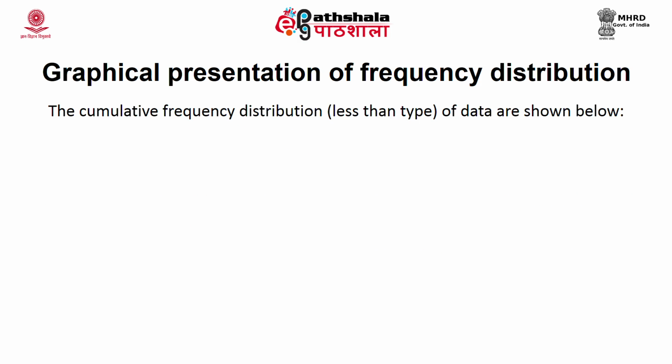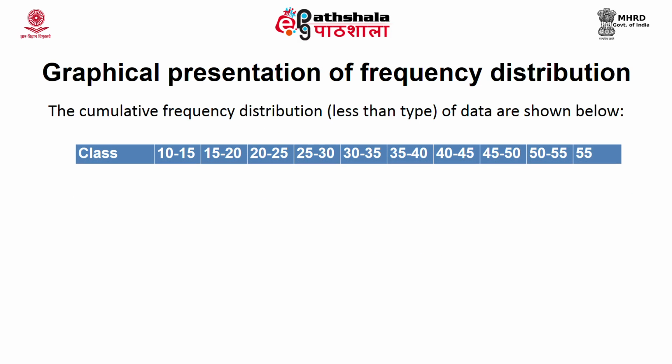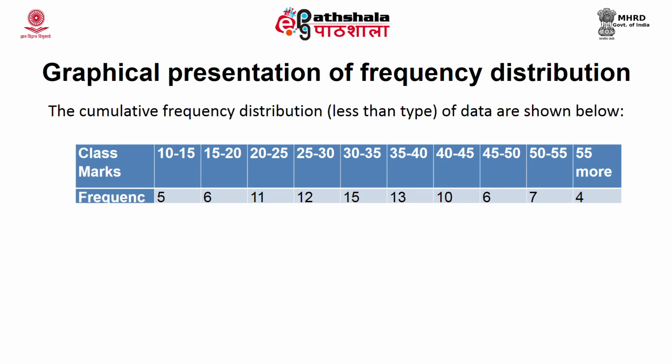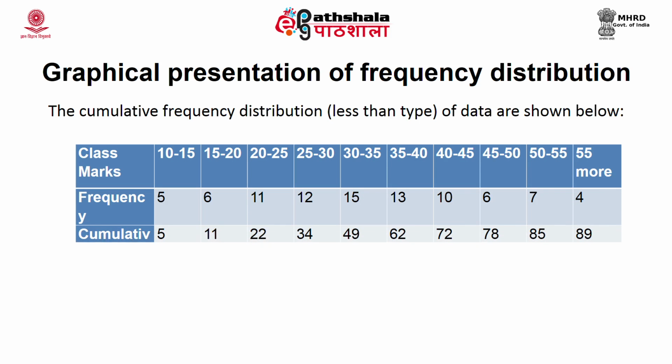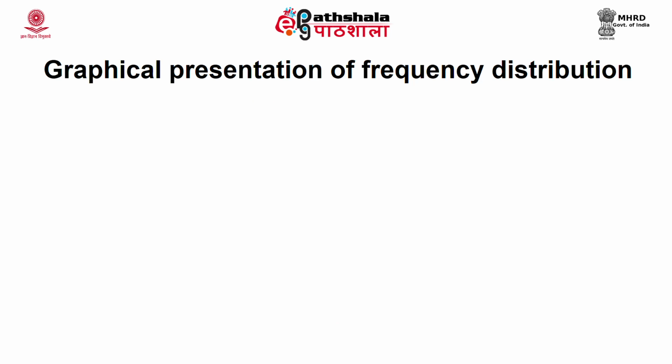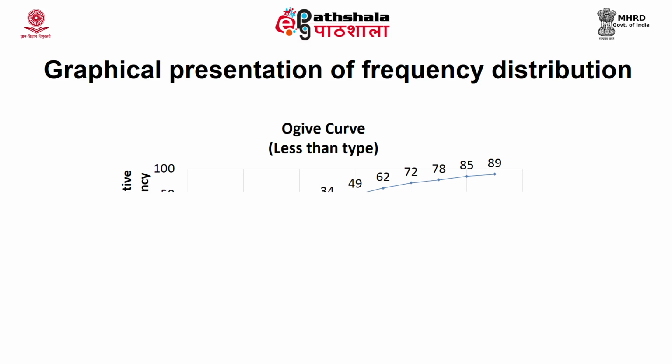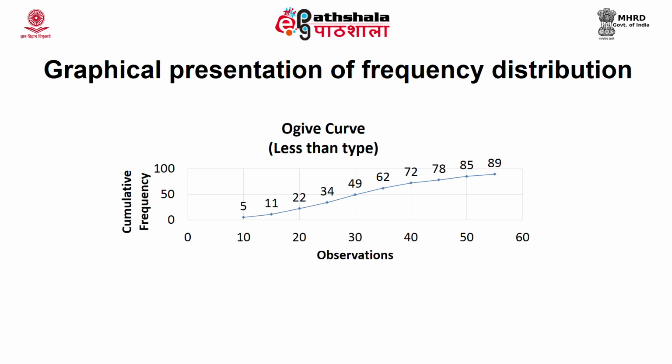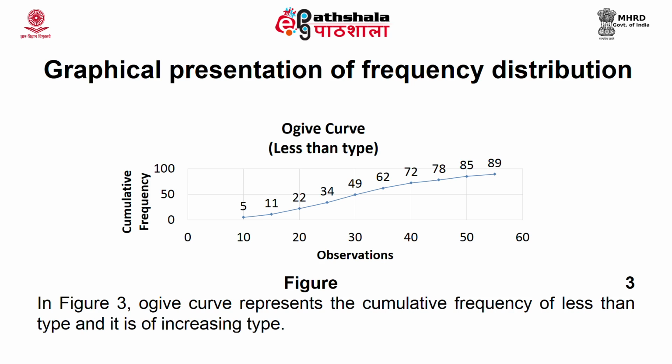Now, from table 2 you can see we have class marks in the first row and the corresponding frequency values, and in the third row we have the cumulative frequency values of less than type. The cumulative frequency values are shown here. Now we can see from figure 3 that we have an upward trend curve, that is an ogive curve of less than type.